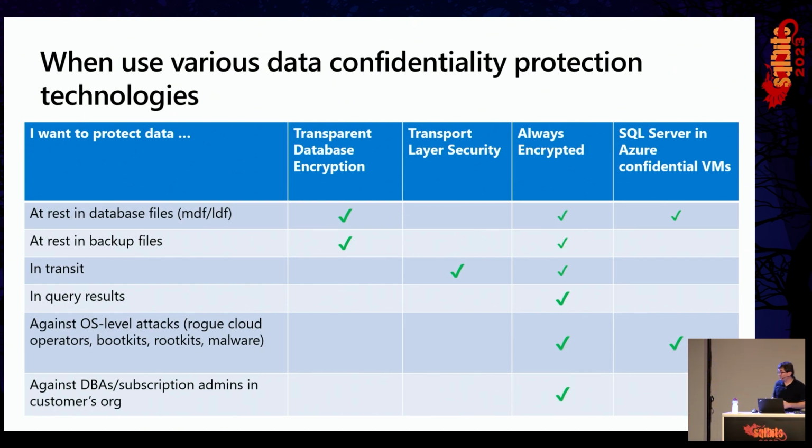On the other hand, if you're building a new application and can change it, Always Encrypted provides more granular control, and also more comprehensive protection. It protects your data against some additional attack vectors. So that's our guidance at the high level.